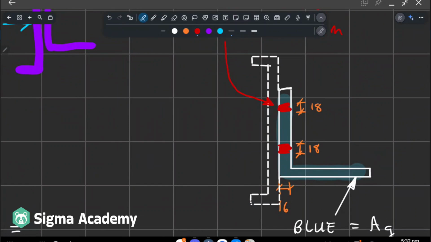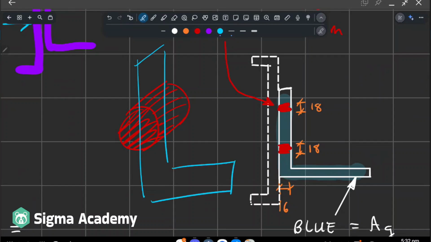So the bolt holes are literally circles, right? But if you think about it, they're actually cylinders, okay? They're cylinders because they pass through our hole. And the section that we're considering basically looks like this if we're drawing it in perspective view. And so we care about this rectangle, right? That is caused by the bolt.